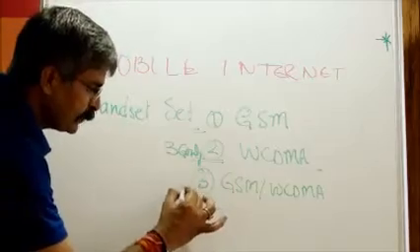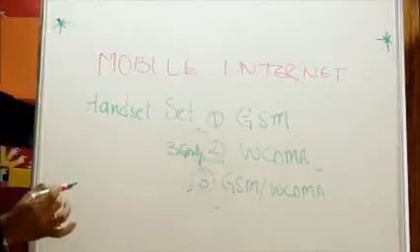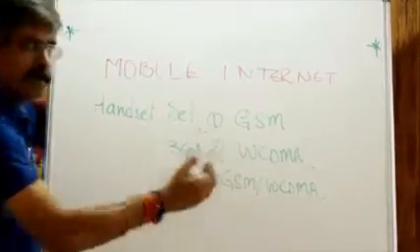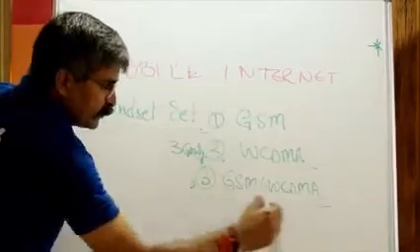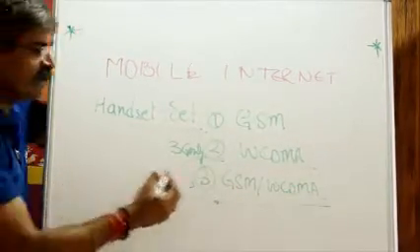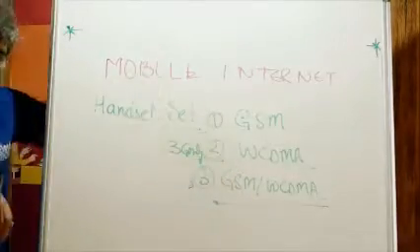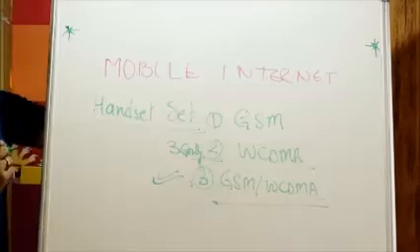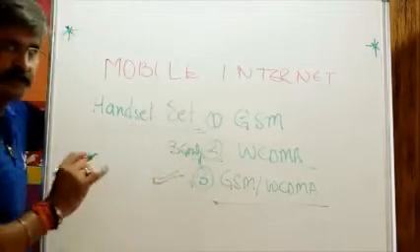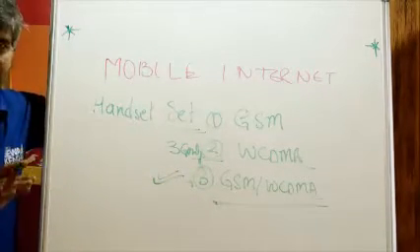The third mode is GSM/WCDMA, which means 2G or 3G mode. So either 2G is available or 3G is available, and this handset will start working. These are the three common modes generally available in all handsets.